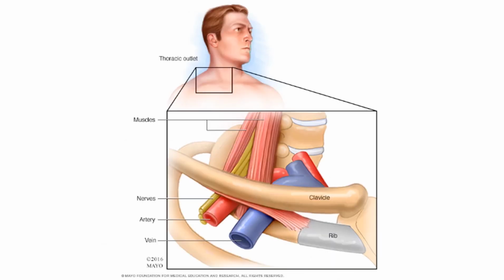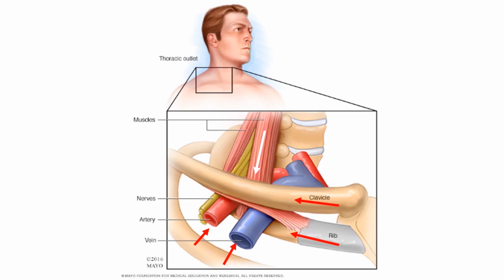What do we see here? We see the situation of the clavicle as it articulates with the manubrium, and then underneath it is the first rib. The first rib is usually hidden under and inner to the clavicle, and here is the scalenus medius muscle, and this is the subclavian vein, the vein under the clavicle.